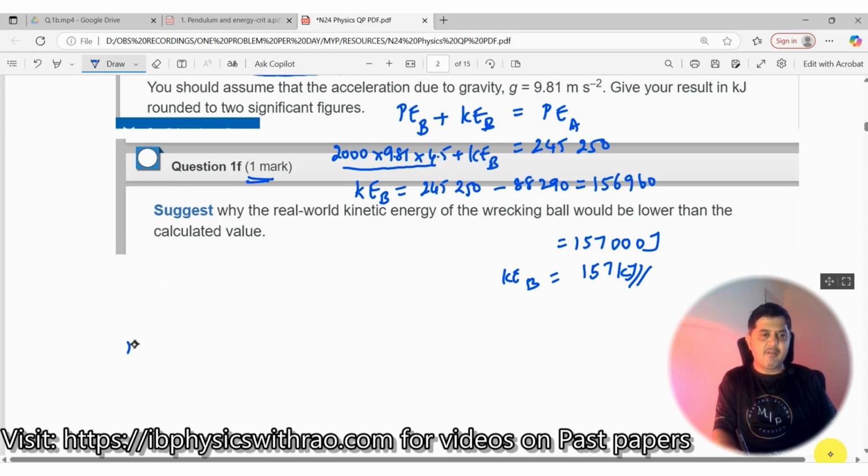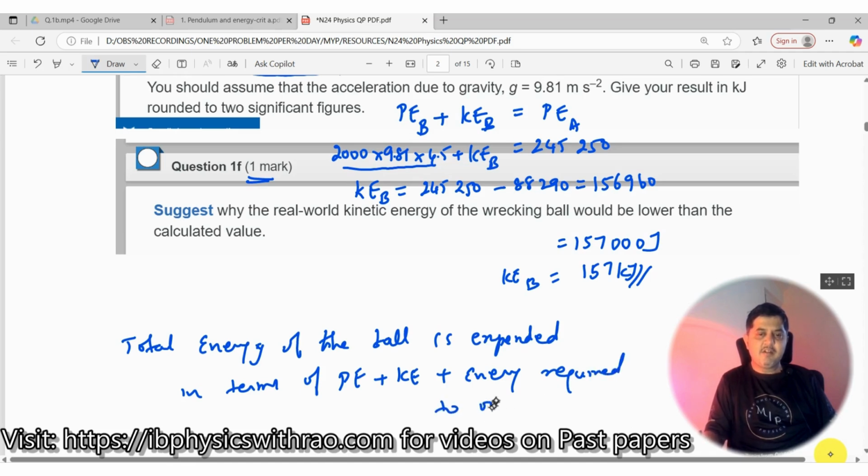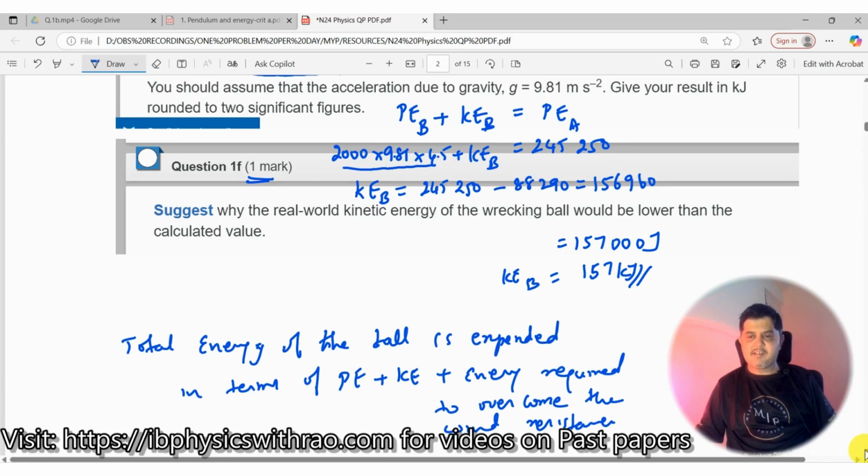What is it that you are going to write? You are going to write the total energy of the ball is expended in terms of potential energy plus kinetic energy plus energy required to overcome the wind resistance, and as a result of it, some energy is lost.